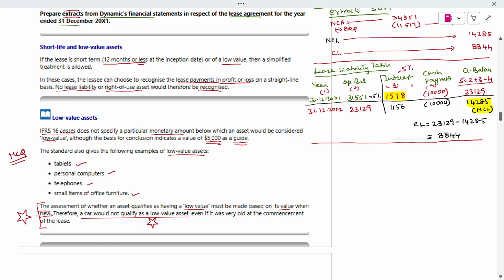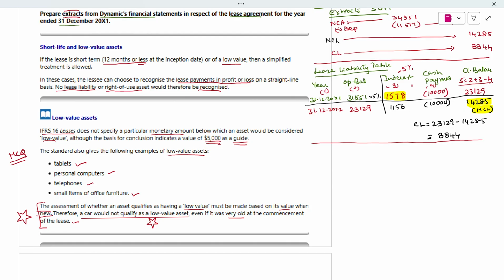Wherever I am putting star marks and underlining, be very specific. A car will not qualify even if it is very old at the commencement of the lease. If you are taking a car on lease, make it a lease payment. Even if you are taking it for a short term, we should not treat it as a low value asset.